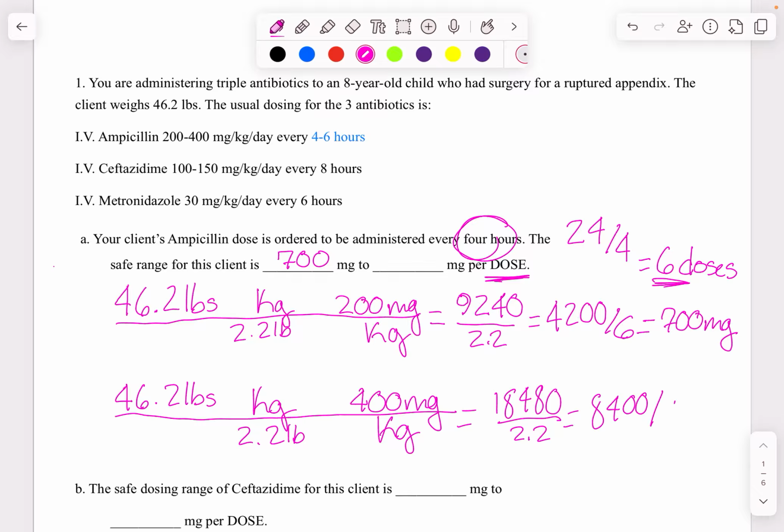And then we're going to divide by the 6 doses again. And that will give us 1,400 milligrams. Okay. Pop that right up there. And then that gives us our safe range for this client is 700 to 1,400 milligrams per dose.